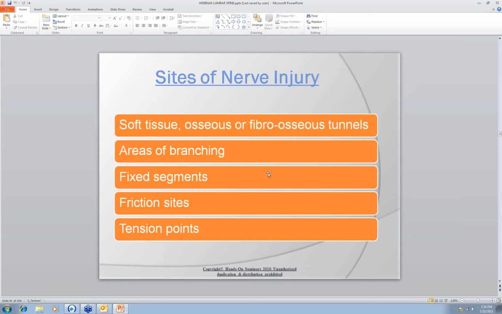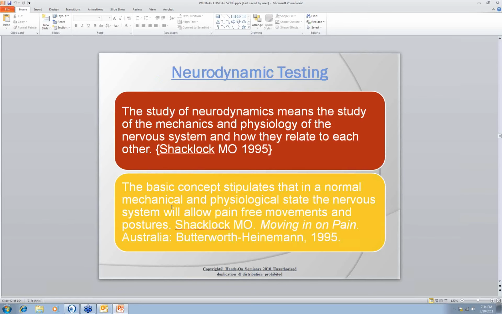So I can have various sites for nerve injury, areas of branching, fixed segments, tension points, friction sites, etc. Now, neurodynamic testing is the study of the physiology and the mechanics of the nervous system.